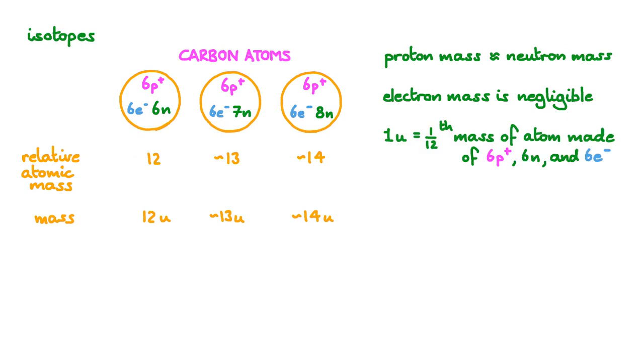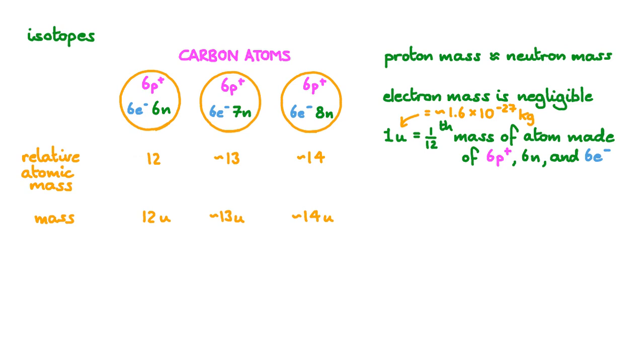One unified atomic mass unit is the equivalent of a 12th of the mass of an atom made of 6 protons, 6 neutrons and 6 electrons, an atom of carbon with 6 neutrons. It's much easier to work in unified atomic mass units or with relative atomic masses than it is to do with kilograms, because one unified atomic mass unit is about 1.6 times 10 to the negative 27 kilograms.